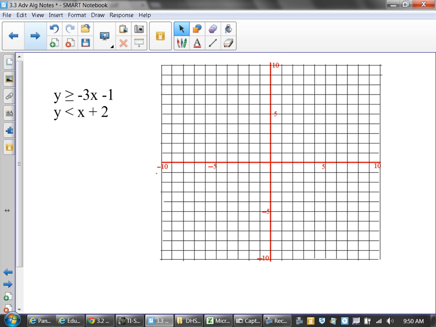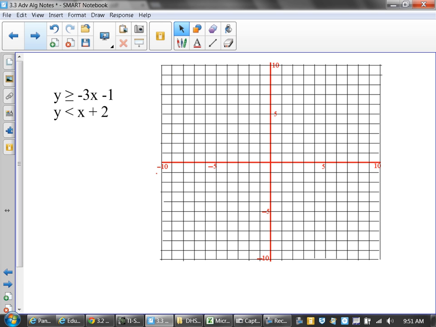What do we got? Y is greater than or equal to -3x minus 1. And the other one is y is less than x plus 2. I don't need to worry about moving anything around. It's already left in slope-intercept form.